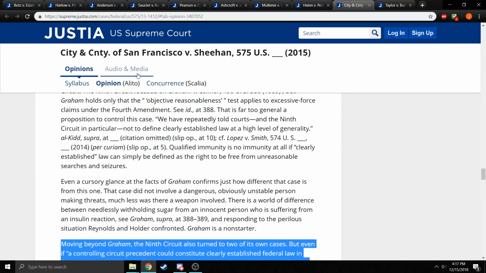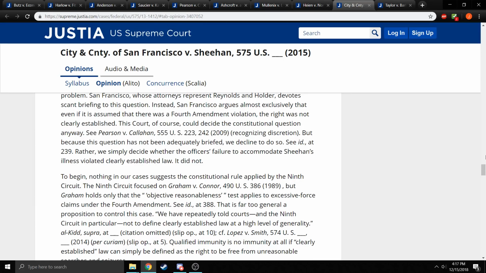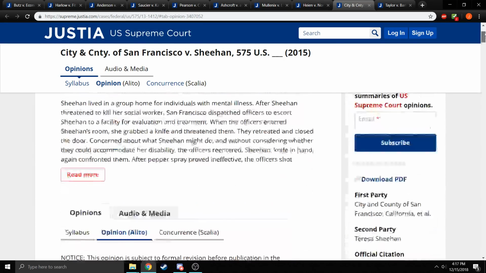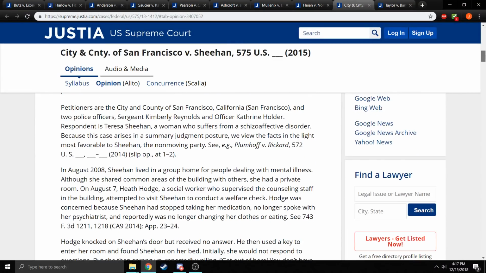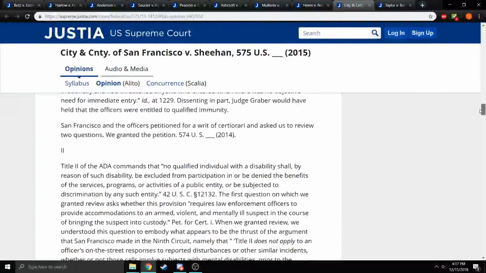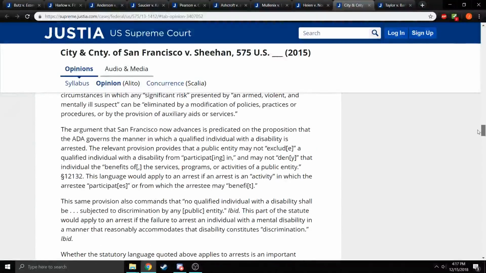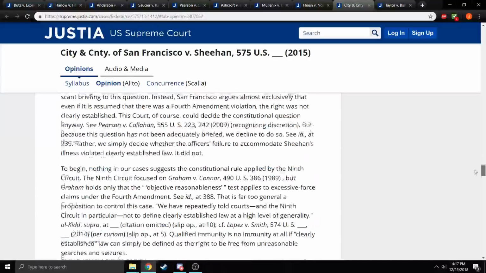actual qualified immunity cases. So the City and County of San Francisco v. Sheehan. This one is a really good read because it goes through a lot of the differences in what they're looking for between the fact patterns.